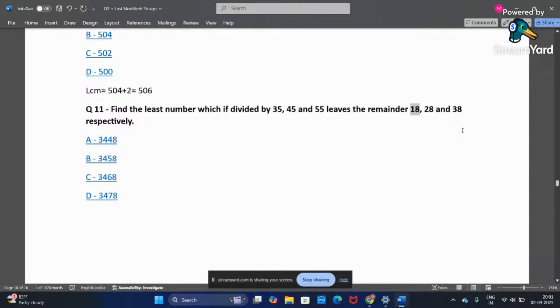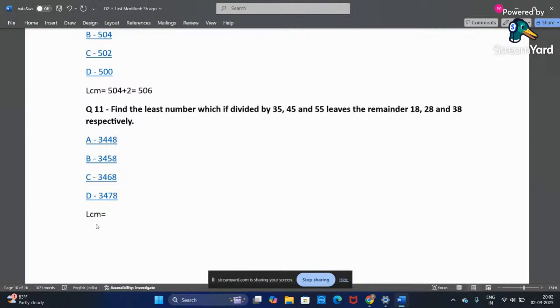The difference will be how much? When you subtract 18 from 35, we get a difference of 17, right? Same way between this and this, we get 17. Between this and this, we get 17. Then for this, we need to find the LCM.